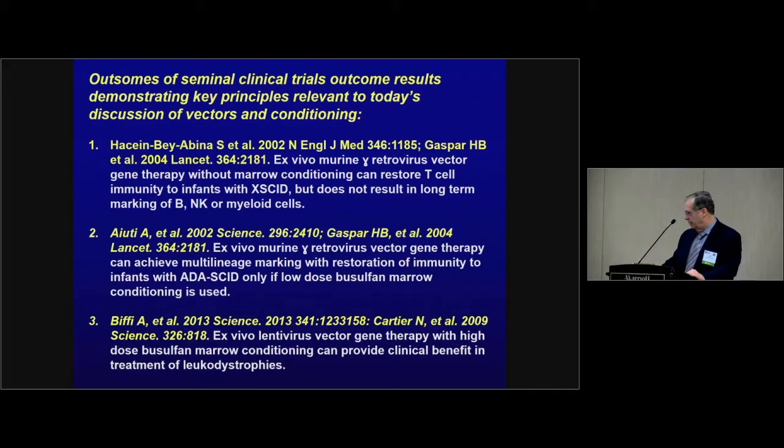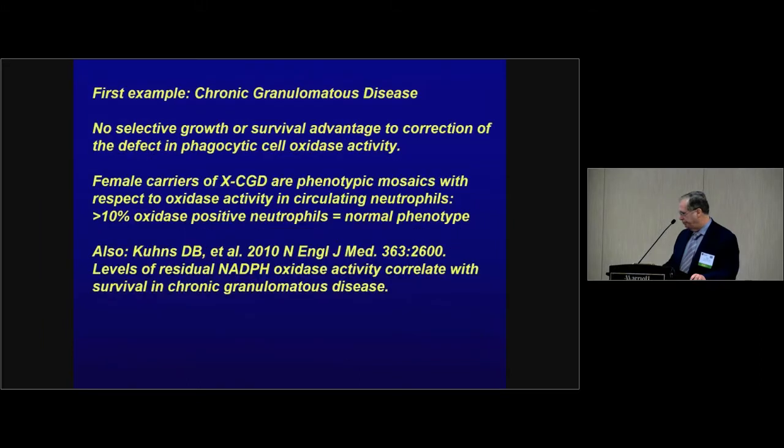And then I mentioned Dr. Biffi's paper and Dr. Cartier's papers because what they found is that to get what they needed done for leukodystrophies, they needed to use very high levels of chemotherapy because they needed to deliver an enzyme at probably supra-pharmacologic levels. So you have various reasons to use different levels of conditioning to achieve the goals that you want.